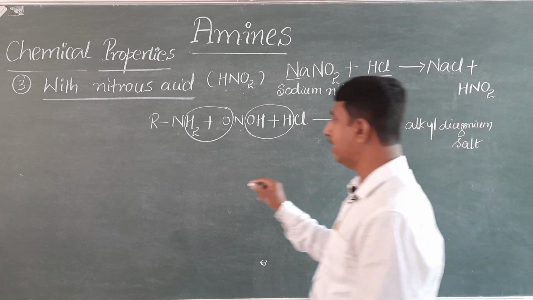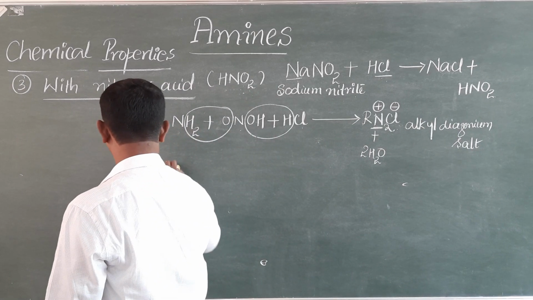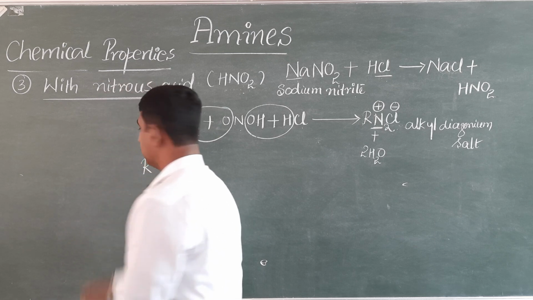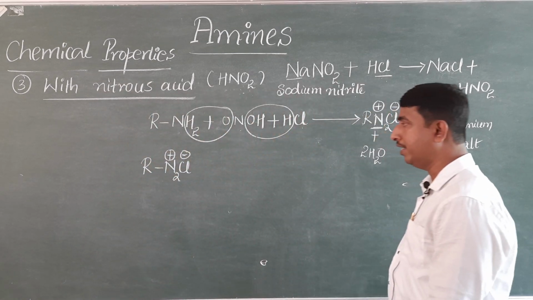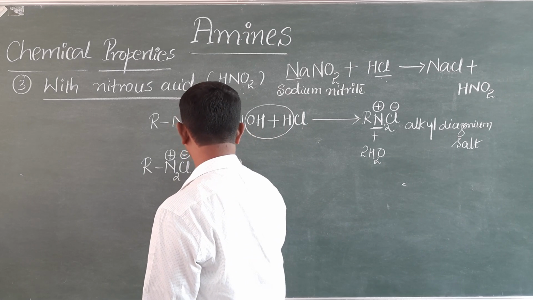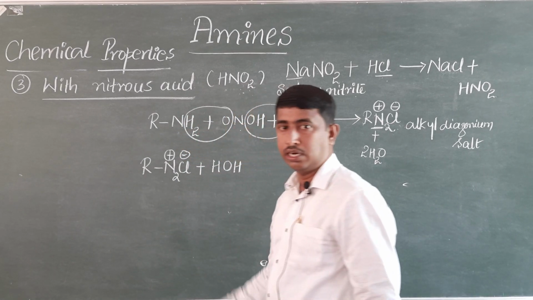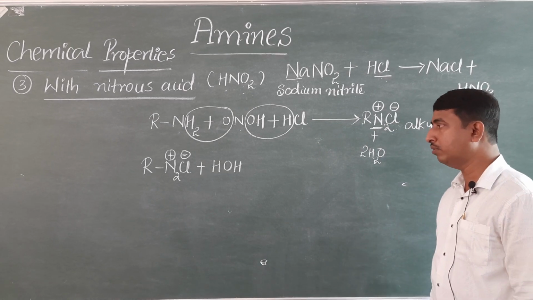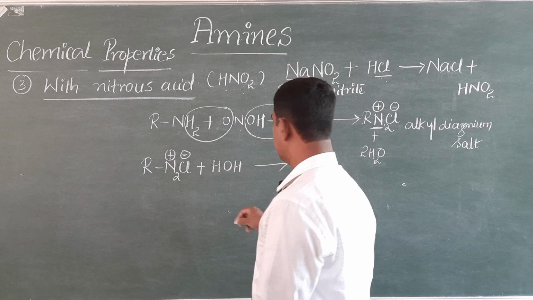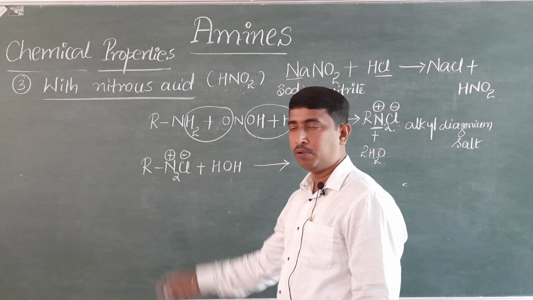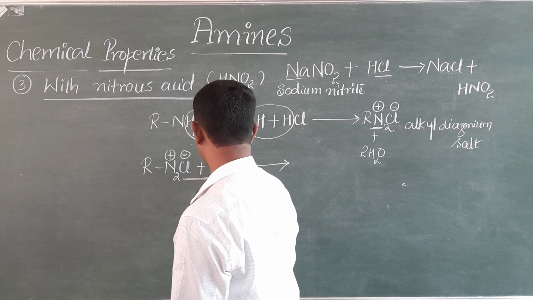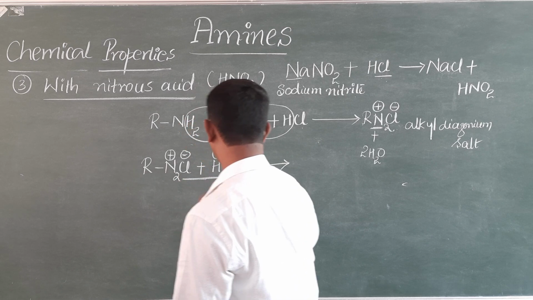Now, this alkyl diazonium salt is unstable. It undergoes hydrolysis. Hydrolysis means decomposing an organic compound in the presence of water, H2O. In an aqueous solution, this compound will undergo hydrolysis, forming H plus and OH minus.